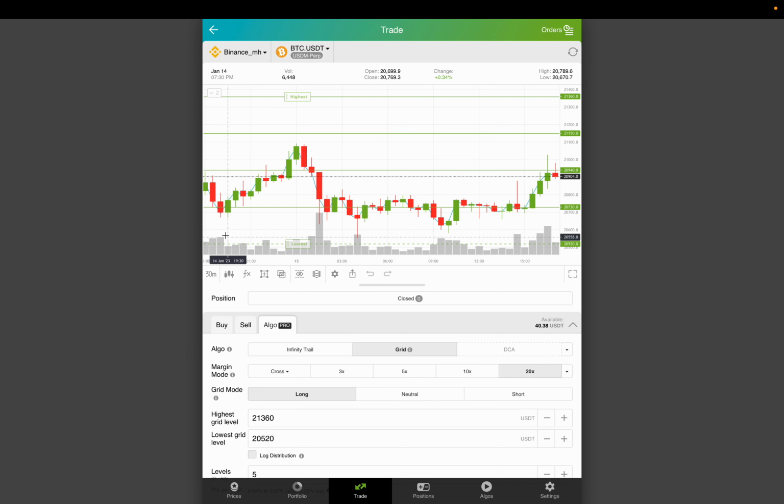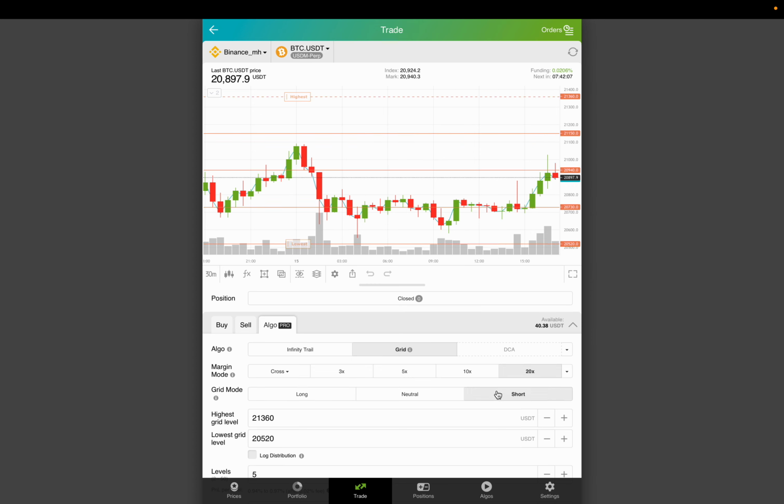This grid will profit as a normal grid would, when the market price stays within the grid range, it will profit from volatility here. But if the market price leaves the grid range, here it goes up, it will actually make you money, rather than lose it, how the neutral grid would, right?